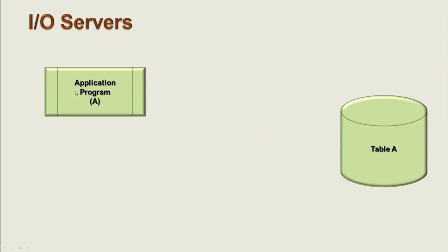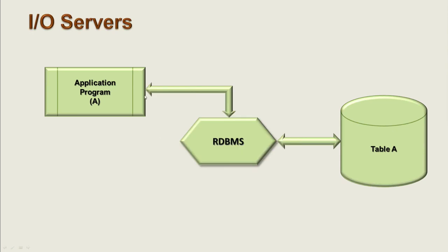We have an application program A that wishes to write, update, or delete a record from table A. So what it would normally do is it would issue the request to the relational database management system, and all triggers and constraints being satisfied, which is always a proviso on this, that request will be executed onto table A. And the triggers, RDBMS, and everything else would return back to application program A an acknowledgement that their request was successful.